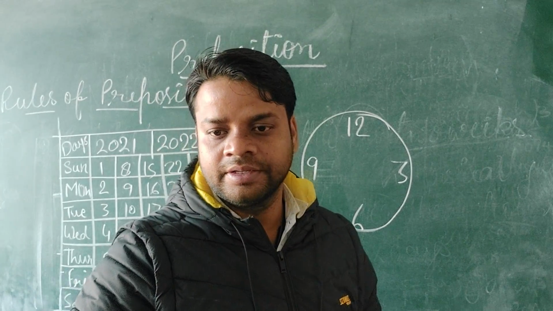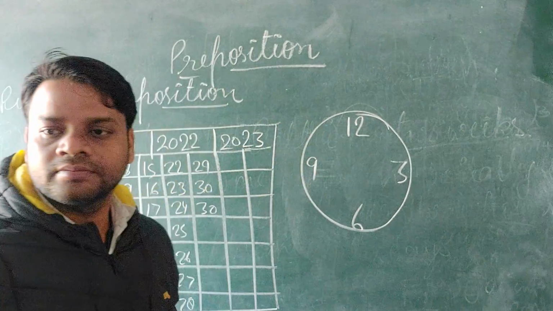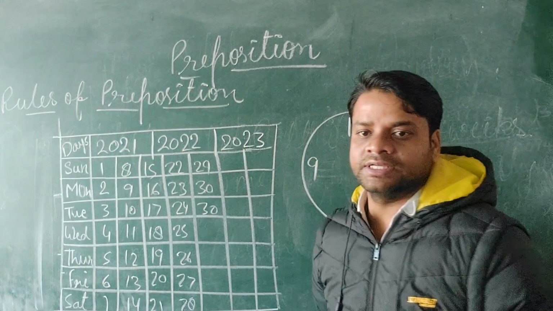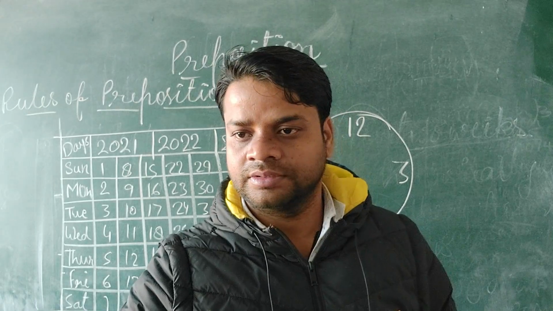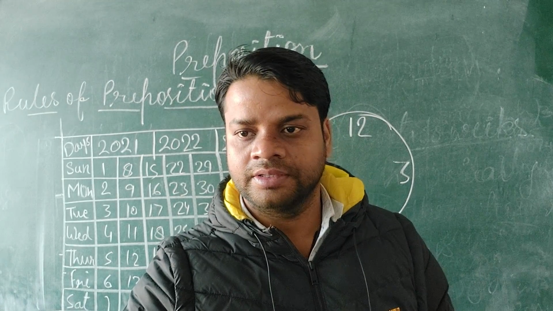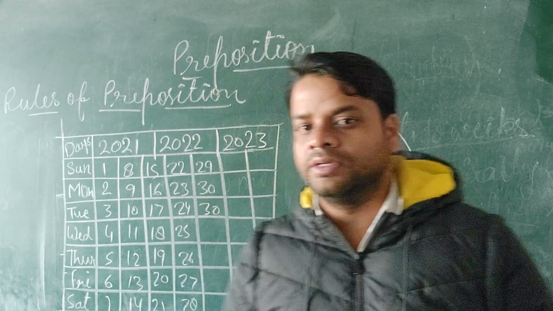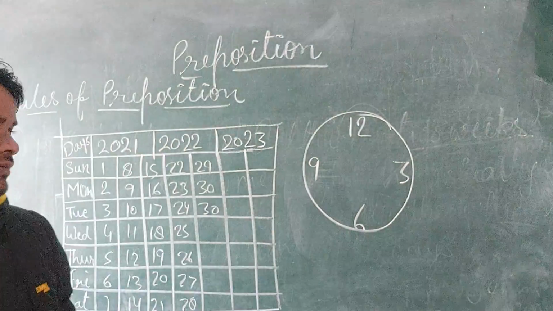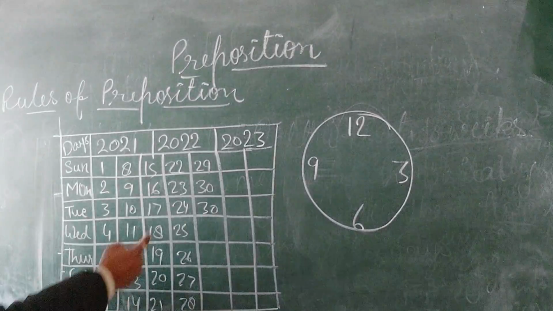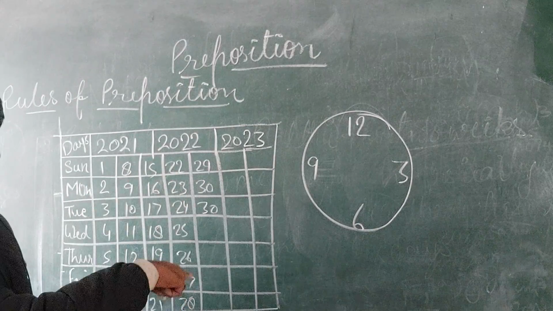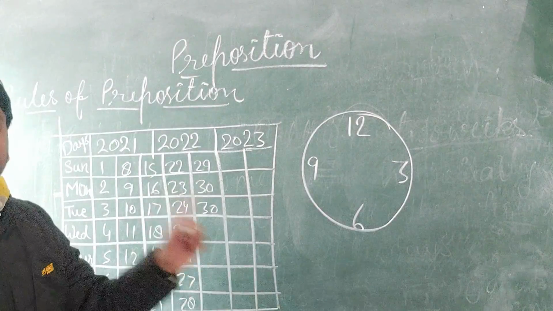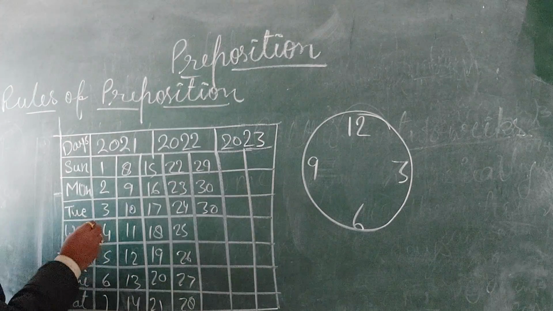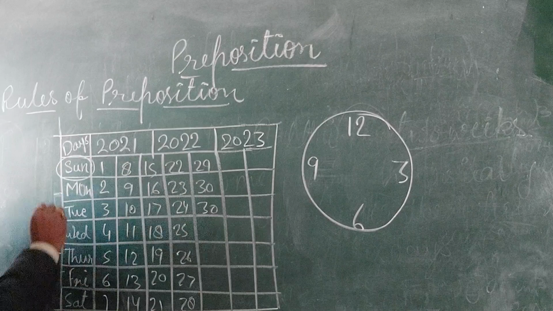See the difference between since and for, how you can use since and for. First of all, we are talking about this calendar. In this calendar you can understand where you can use since and where you can use for. Sunday is sure.